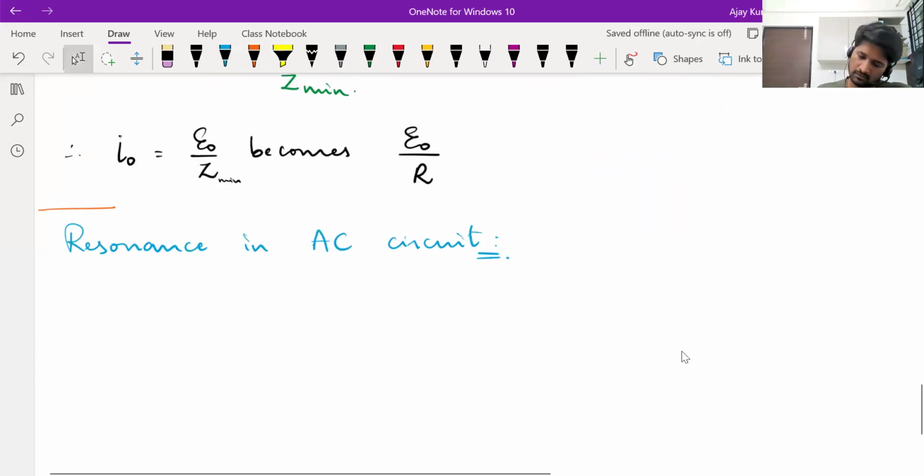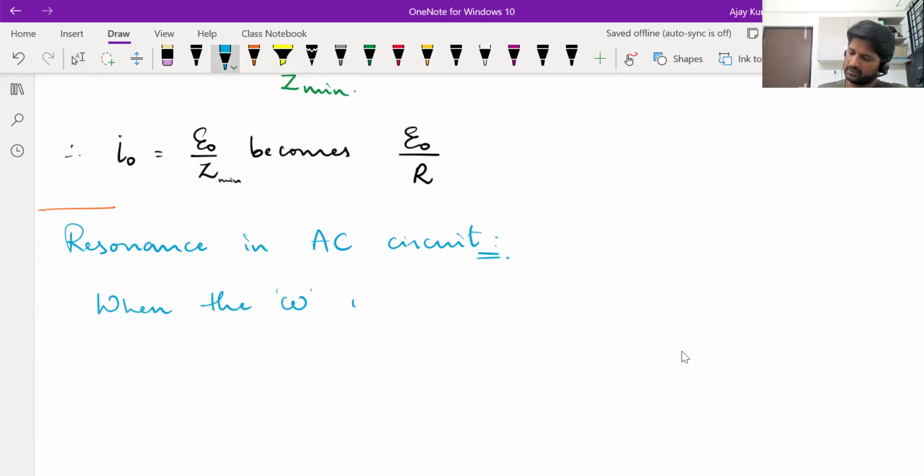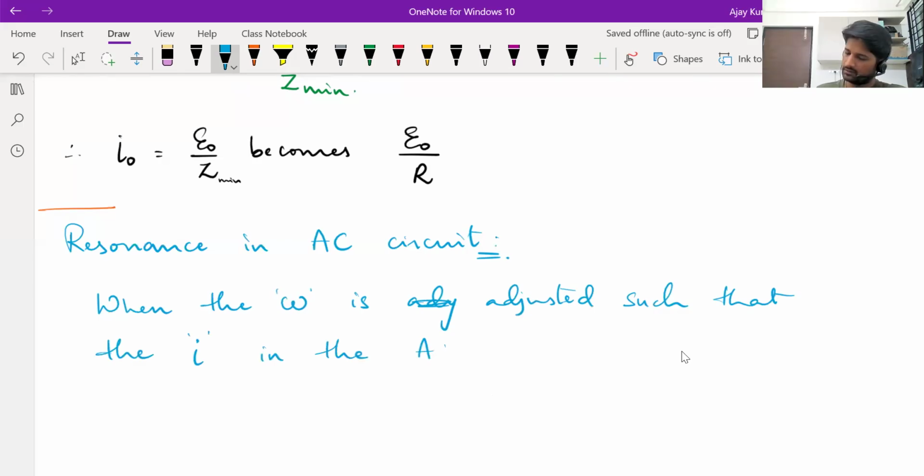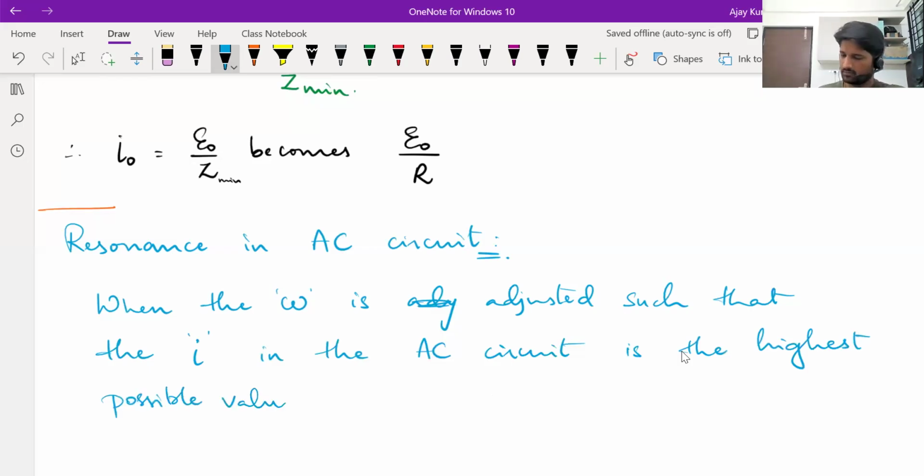When the angular frequency is adjusted such that the current in the AC circuit is the strongest, or I can say the highest possible value, the circuit is said to be in resonance.